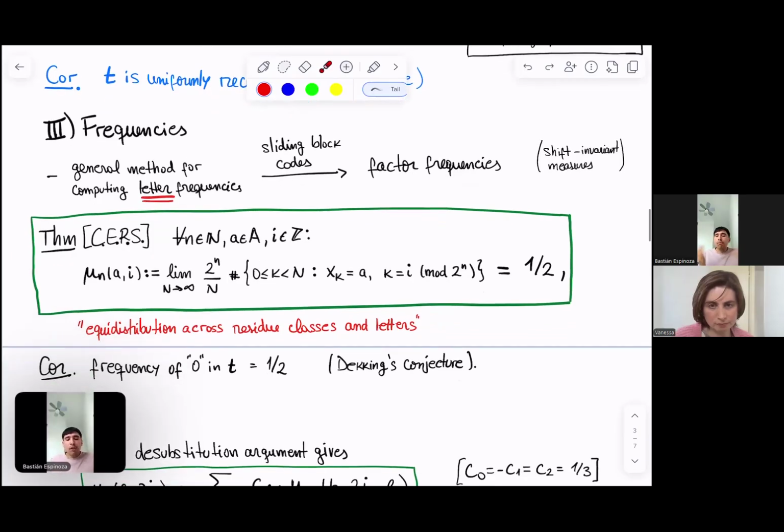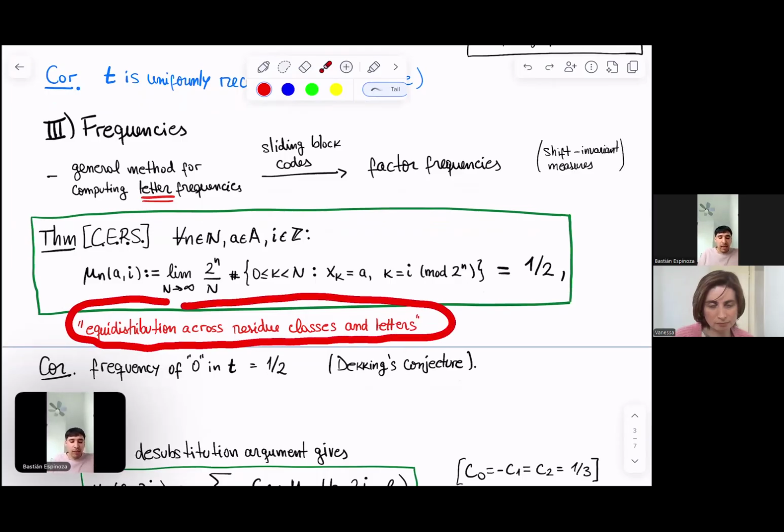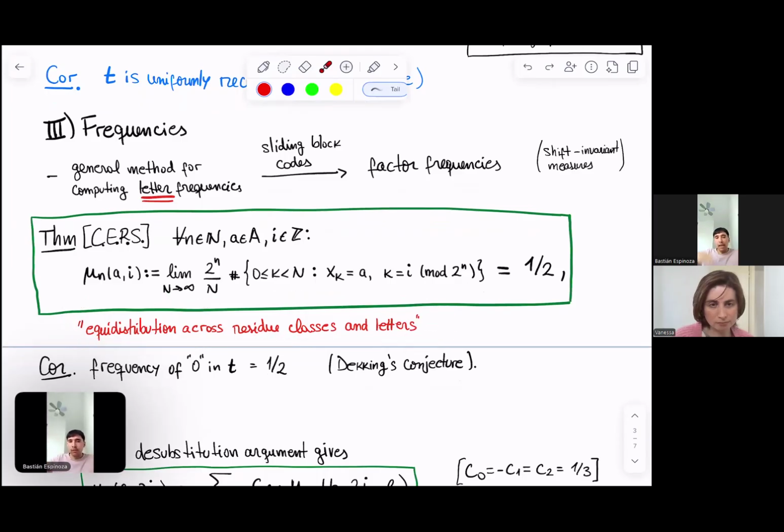So in more intuitive terms, we're saying that here we have an equidistribution of the letters across all residue classes for any power of 2. And yes, it is a complete equidistribution. And as we're going to see, this is again related to the fact that we have this odometer, the Z2 odometer, playing a role behind.